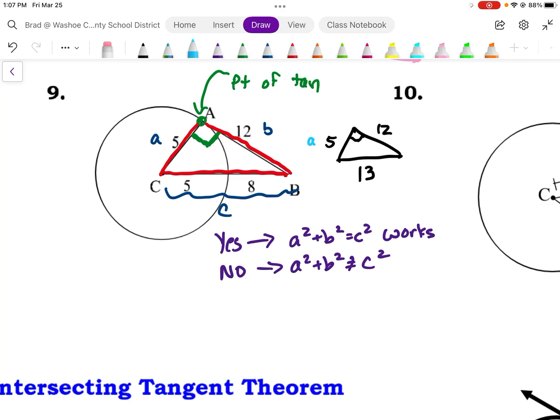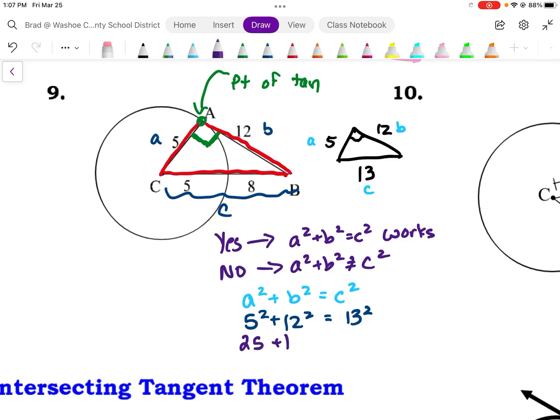It doesn't matter which one is a and b. I always go smallest is a, and then b, because the largest has to be c. So a squared plus b squared is equal to c squared. So 5 squared plus 12 squared is equal to 13 squared.